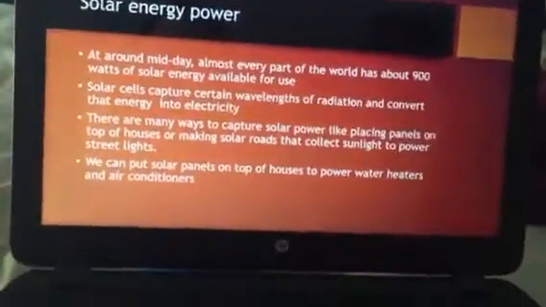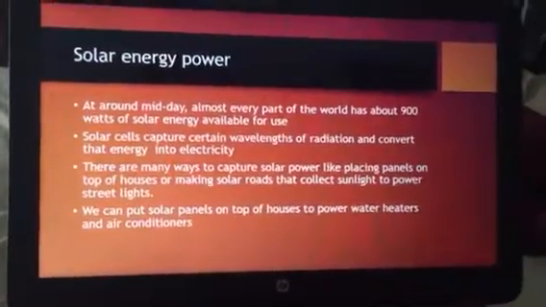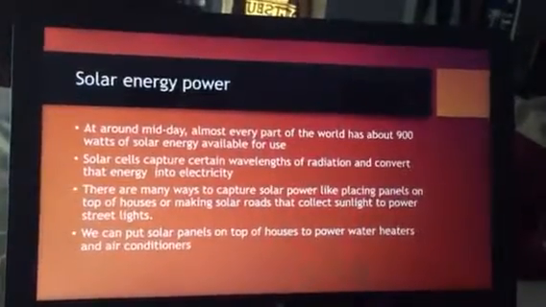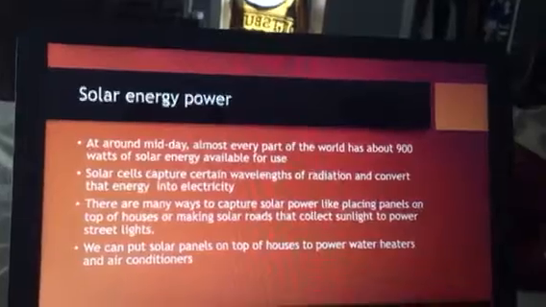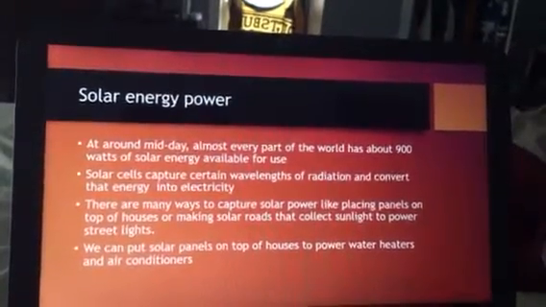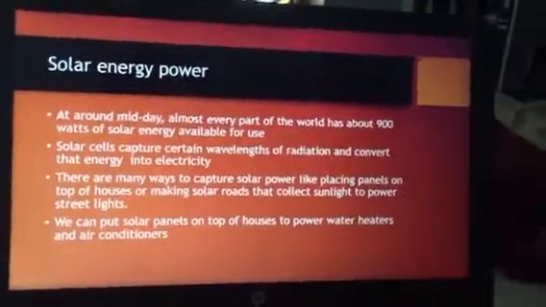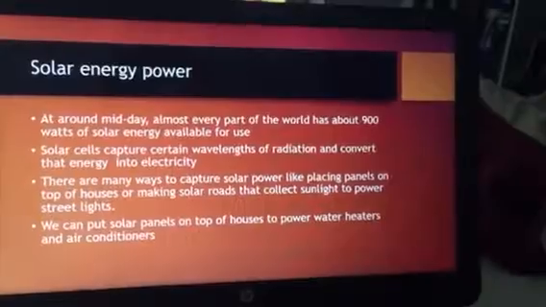Next, I will talk about solar power and energy. At about midday, almost every point of the world has about 900 watts of solar energy available for use. The solar cells that are used in solar panels capture electric wavelengths of radiation and convert that energy into electricity.